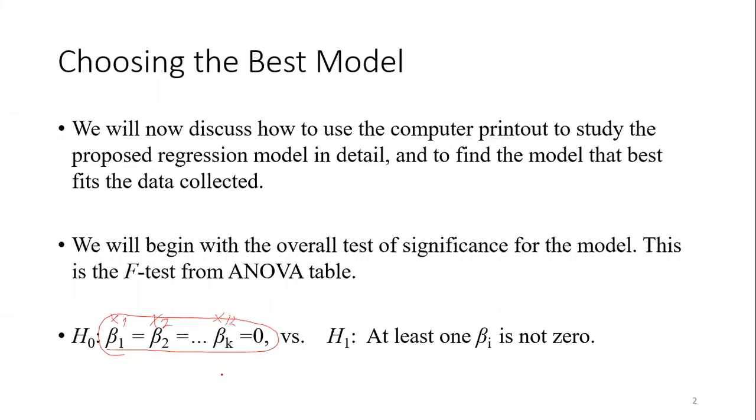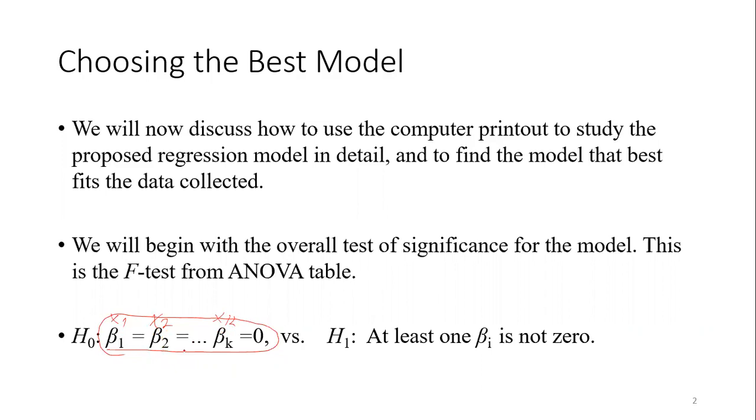Hence, this hypothesis says that y does not depend on any independent variable x's. So as x increases, it doesn't make anything on y. As x2 increases or decreases, it doesn't make any effect on y. As xk increases or decreases, it doesn't have any effect on y.